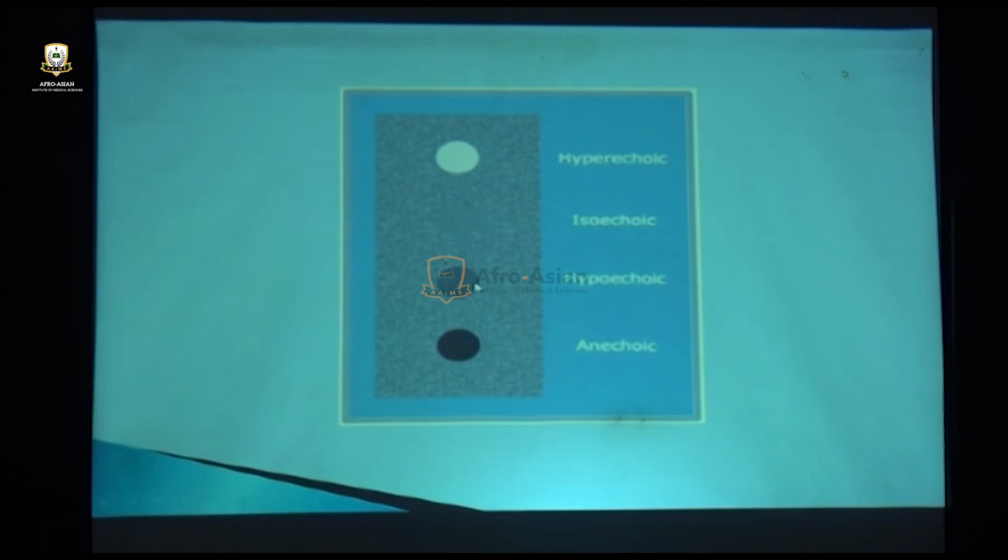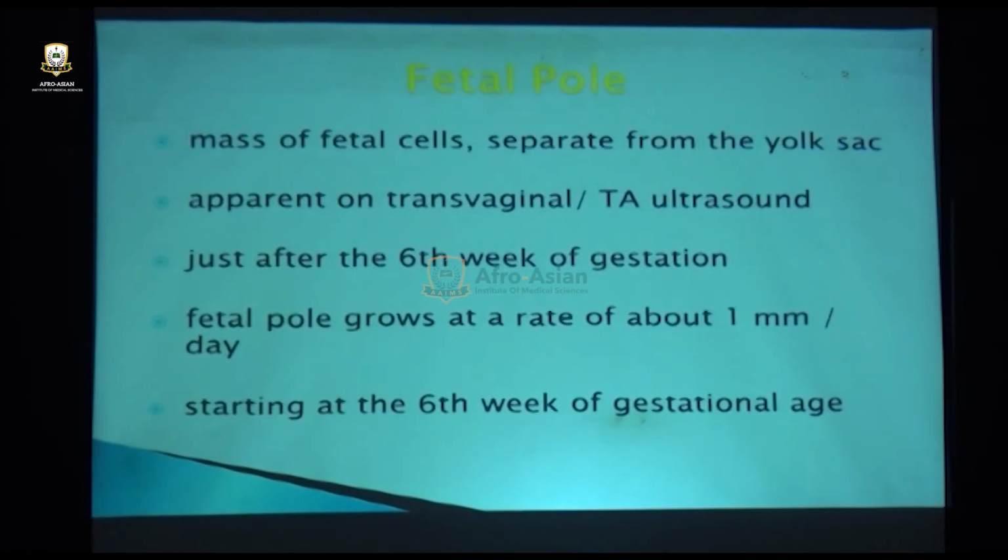This is hypoechoic, and the last at the bottom is black. This is anechoic. तो ये समझ आ गई आपको कि hyperechoic जो ज़्यादा चमकदार है, isoechoic जो background से merge कर रहा है, और hypoechoic जो उससे कम है, और anechoic जिसमें कुछ भी नहीं है, पानी जिस तरह होता है bladder में आप देखें, तो that's how it is.